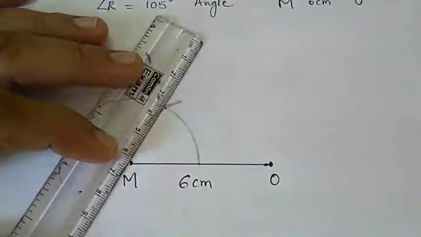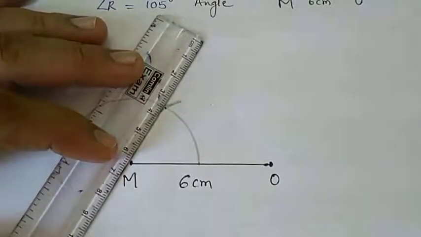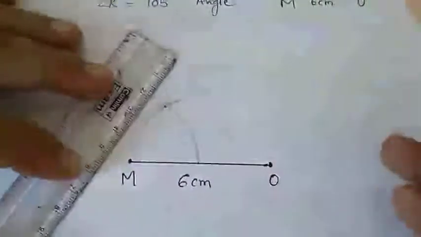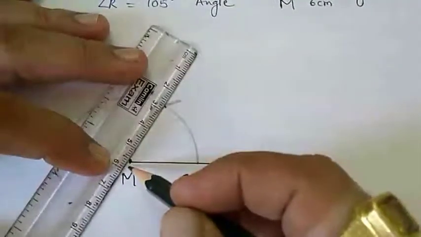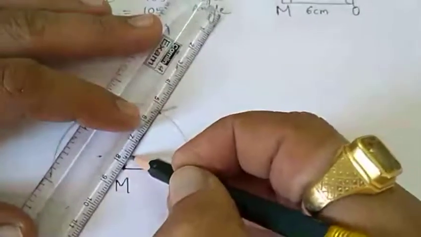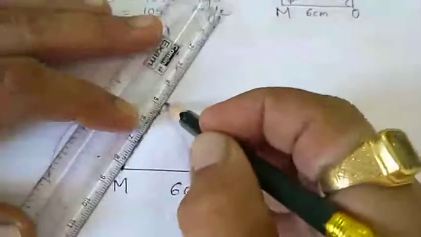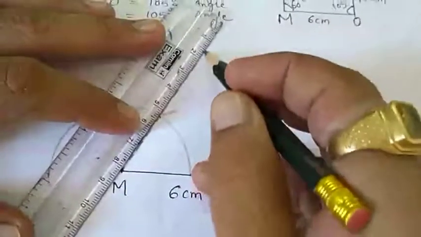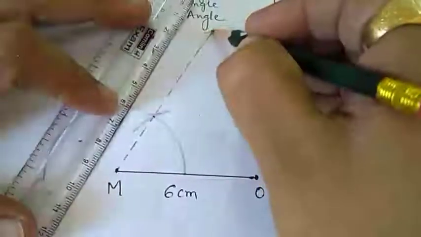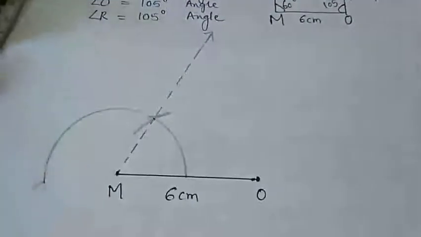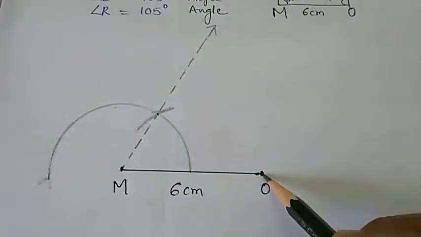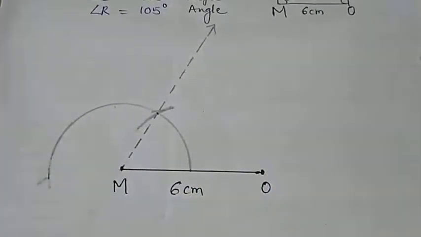But exactly we don't know how long the arm of the 60 degree angle is. The length or distance is not given, but the degree is given. So I just draw a dotted line, a dotted ray. Okay, they have given angle O 105 degree.